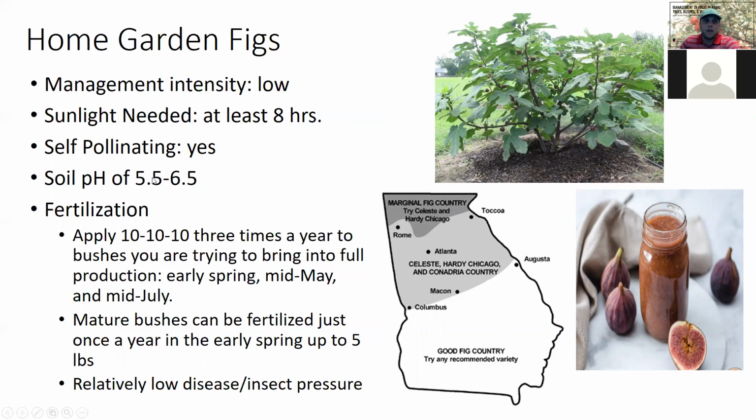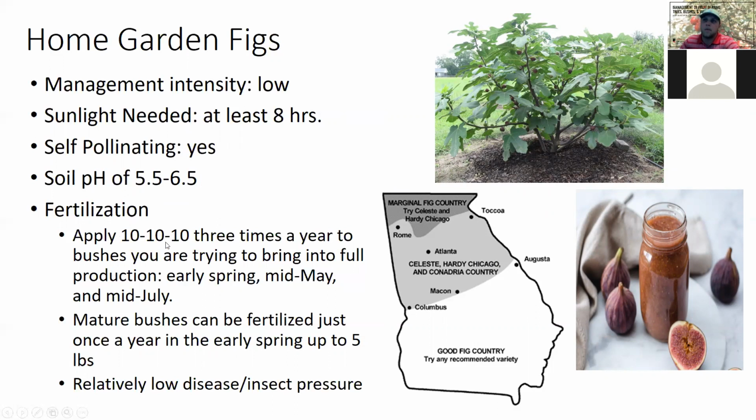They can tolerate a little bit more acidic soil, from 5.5 to 6.5. However, I would trend closer to 6 to 6.5 if possible, just to give yourself some wiggle room.